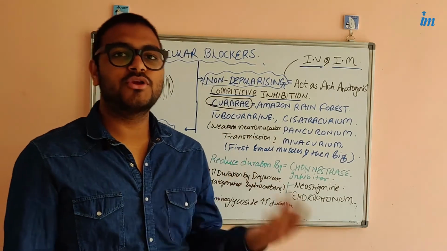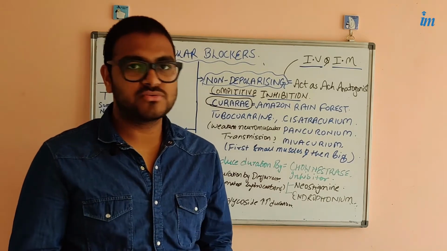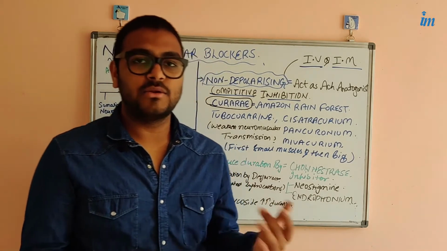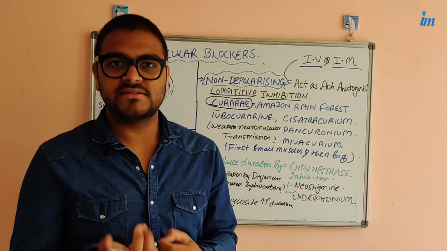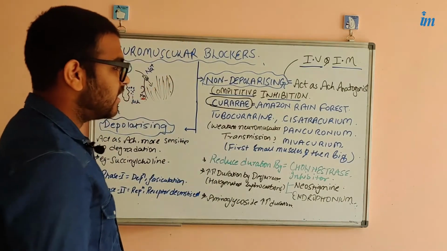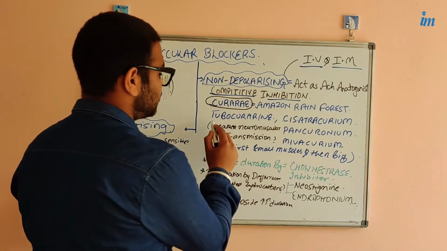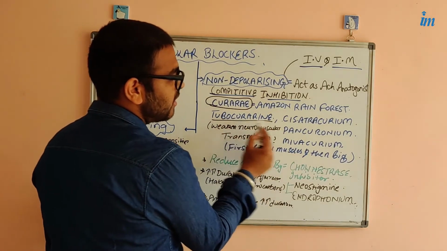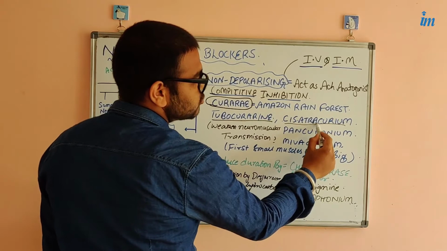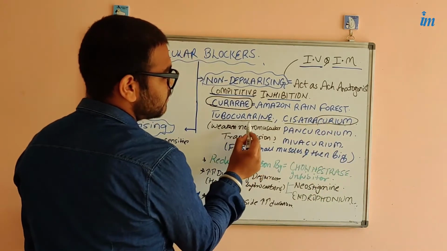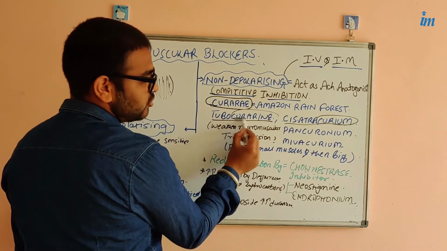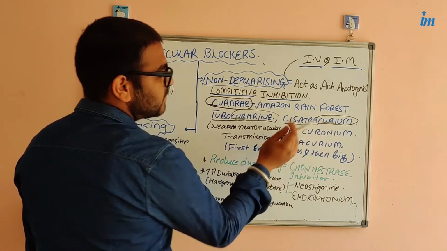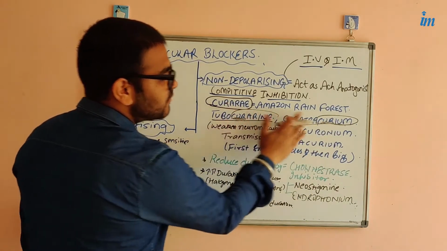And when we discovered curare, we made other neuromuscular blockers, and then we started using them semi-synthetic. What are the other non-depolarizing neuromuscular agents that we use now? Tubocurarine, curium. So most of them end with curium or curare. So if you see curare or curium, this means they are all derivatives of curare.